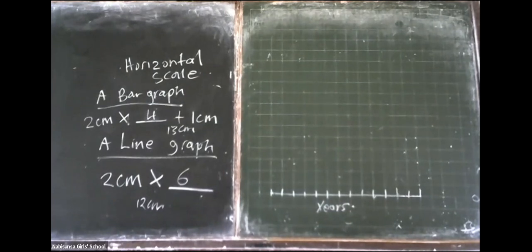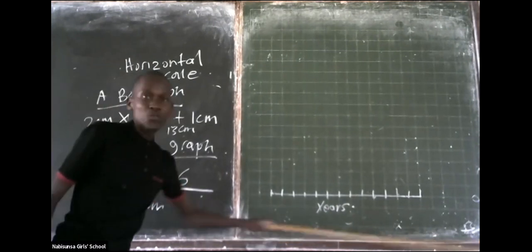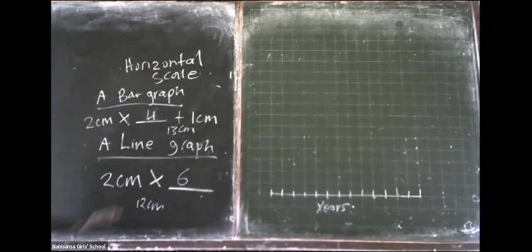Let us try to be fast. The next thing, are we done capturing this information? You write it down. This is the formula of getting the horizontal scale for a bar graph and for a line graph. When we understand this formula, you are going to find this work easy for you, because you know which step to take whenever you start.